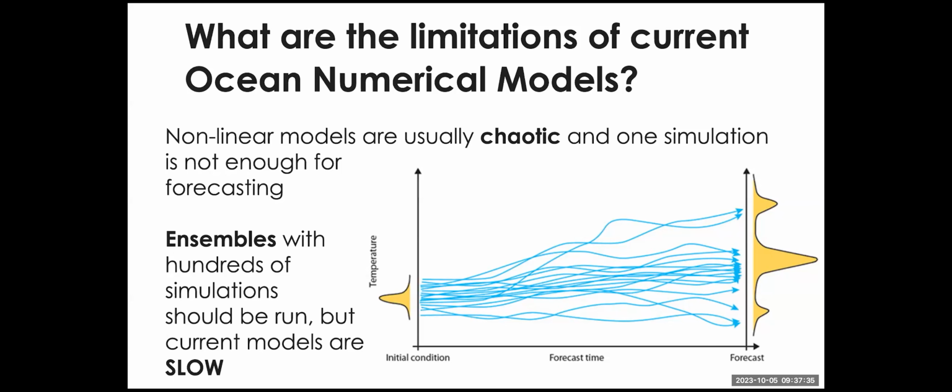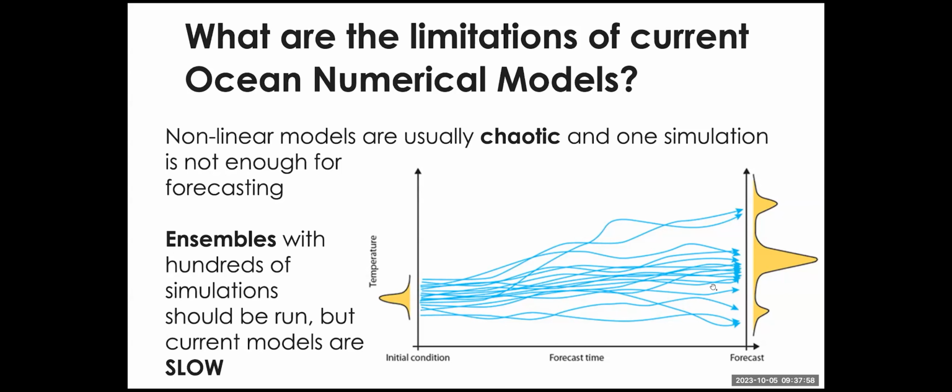For example, if you change the initial conditions slightly, you can still have a very different prediction. So imagine here that we are looking at a temperature at one point in the ocean in our forecasts, and we have started many forecasts with slightly different initial conditions. So this is a picture of what we will have.